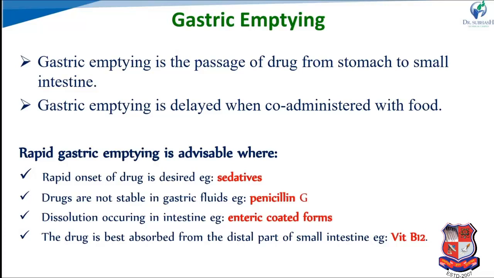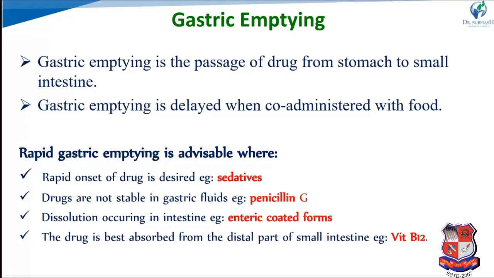It is also the rate determining or rate limiting step for drug absorption, because the major site of drug absorption is the small intestine, which has a larger surface area, and by passive diffusion most drugs are absorbed through the intestinal part. So rapid gastric emptying is advisable in which conditions?